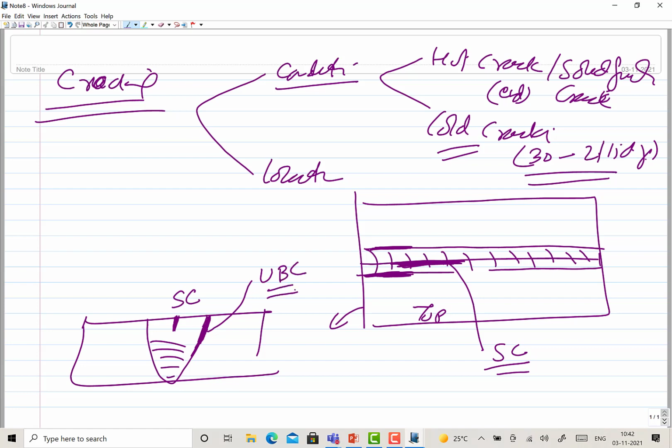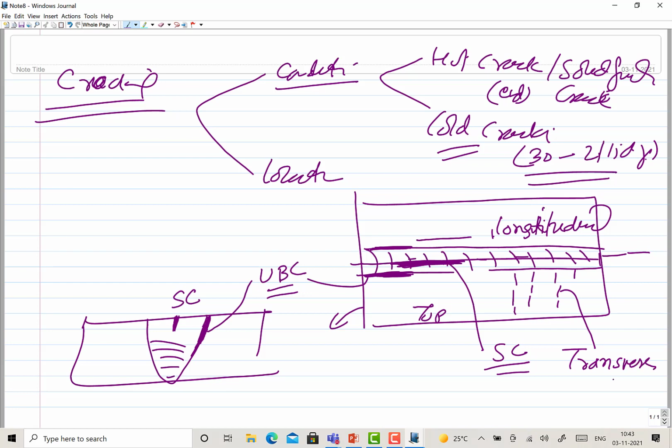Since this is happening in the direction of the axis of the weld, this is the weld axis, we call all such cracks which are in line with the axis of the weld longitudinal cracks. If the cracks are occurring perpendicular to the welding direction like this, then we call them transverse cracks.